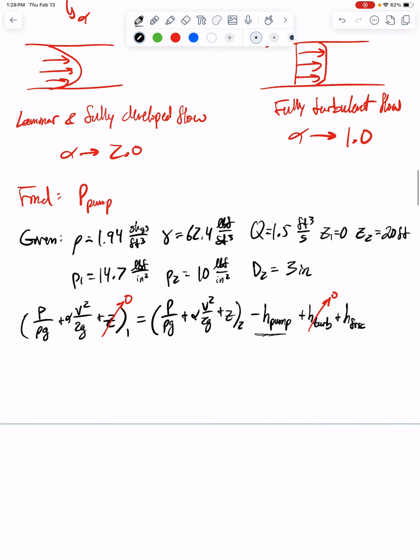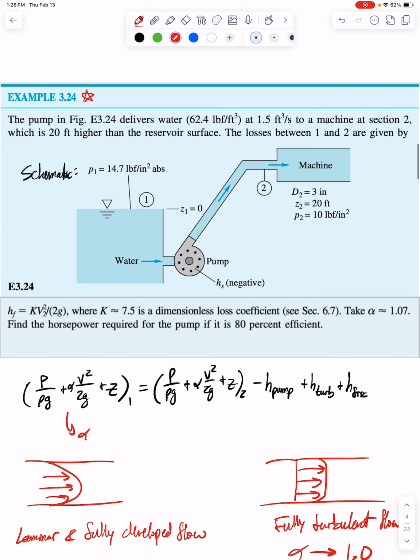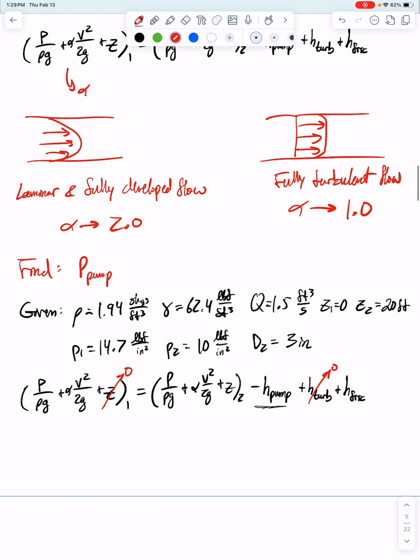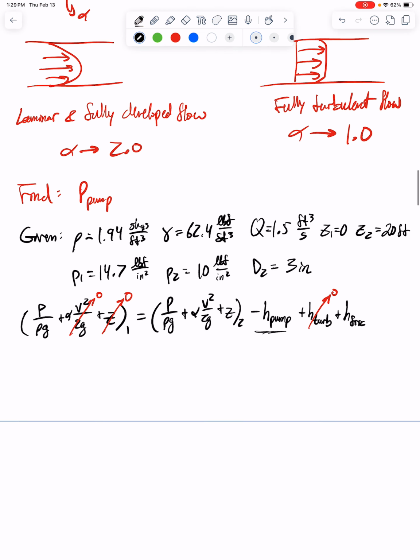So left-hand side of the equation. Oh, sorry, one more term I forgot to remove. Location 1, that's the reservoir surface. Reservoir surface is hydrostatics. There's no fluid moving. Therefore, velocity head at the location 1 is also 0. So left-hand side of the equation, we're given just the pressure term of the reservoir, so atmospheric pressure divided by rho g. Rho g we're going to represent as a gamma for a specific weight.